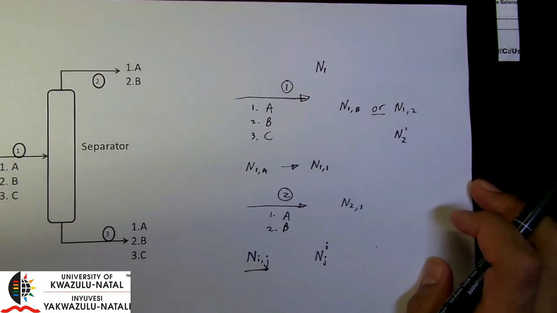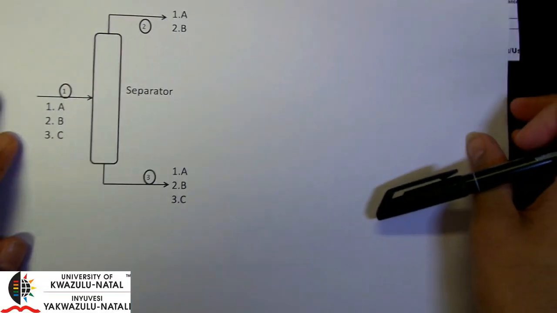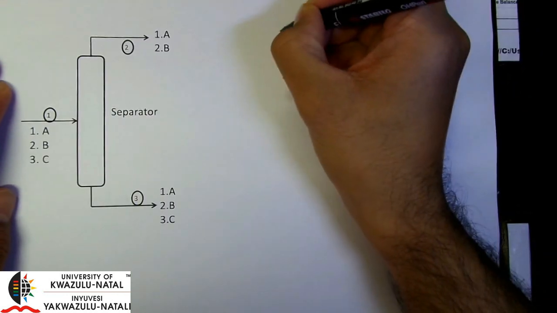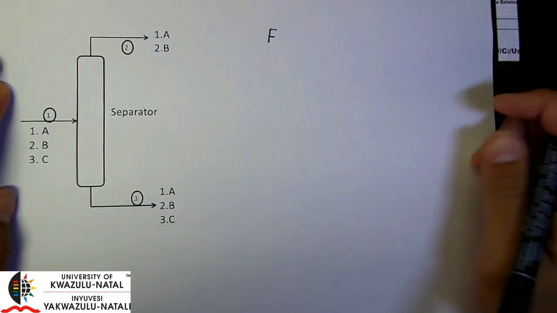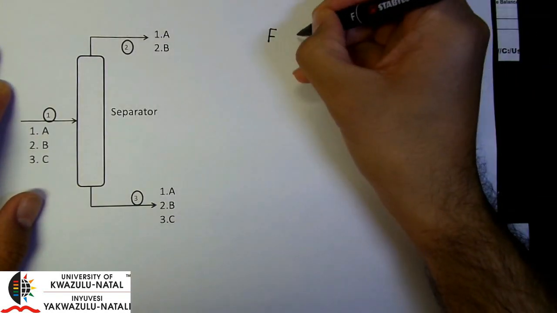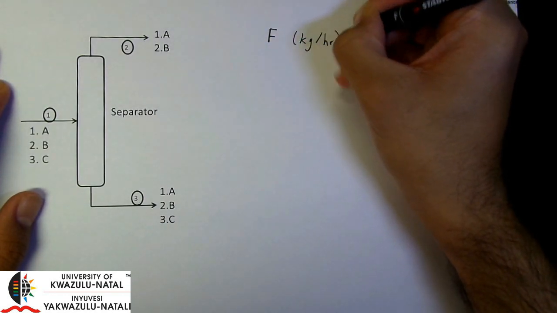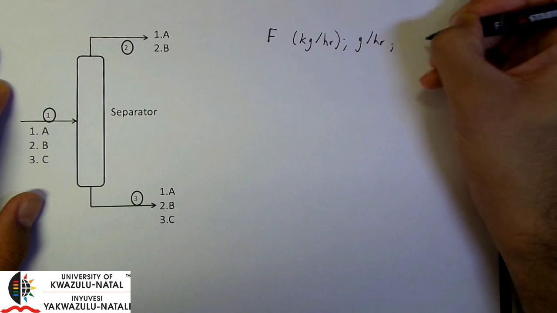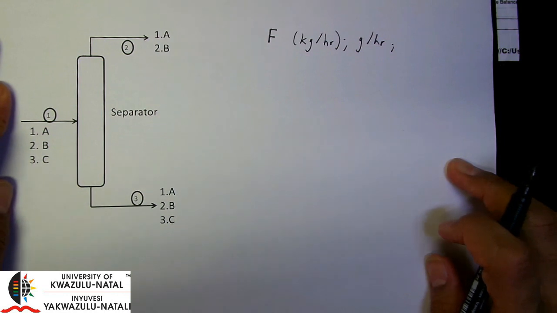Now, if we are writing in mass terms, then instead of writing N, we use F to denote a mass flow rate, and this will be in kgs per hour, or simply grams per hour, or kg per minute, any quantity of mass per unit time.